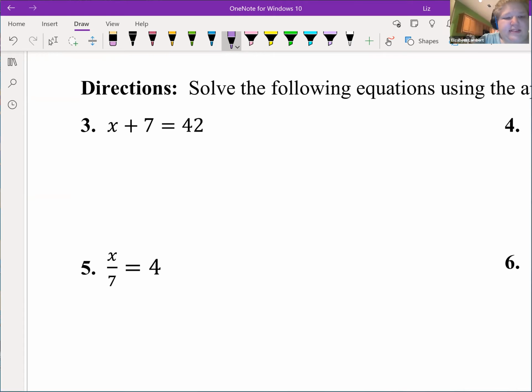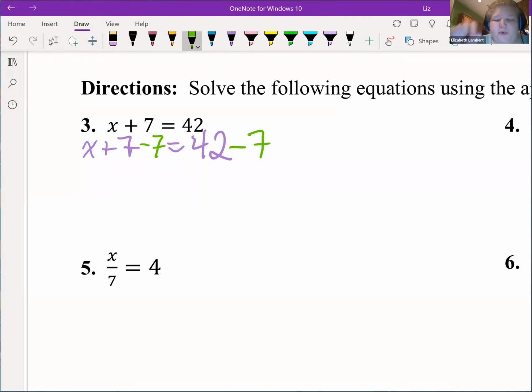Now, in the very technical math sense, there's our equation. And then there's the change we made to the equation. We put minus 7 on both sides. It's on both sides, so the balance is preserved. Now, if there's any like terms I can simplify, I can do that.